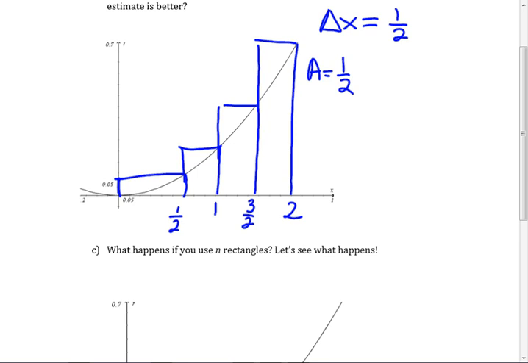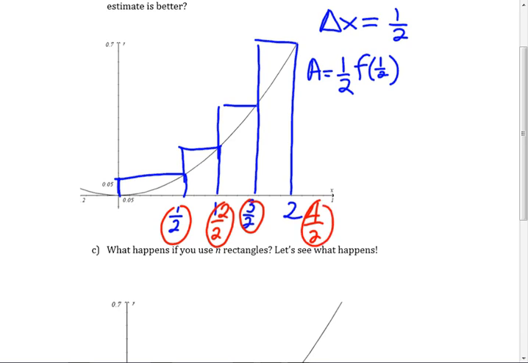So the first one is f of 1 half. You know what else I'm going to do? I'm going to change the 1. That's really 2 halves. And 2 is really 4 halves. And you see the pattern. 1 half, 2 halves, 3 halves, 4 halves, and you could keep going if you had to go to a bigger area.